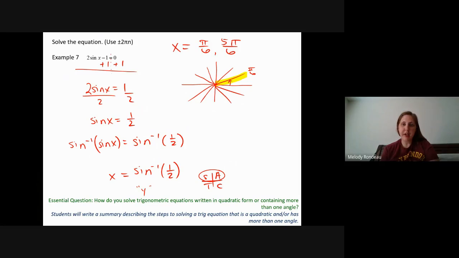However, this is not the only place that I can stop. This is not the only angle that has a terminal side at this location. I could do my coterminal angles and go all the way around the circle and then stop, and I'm at the same terminal side. Or I could go around the circle 2 times and then stop.